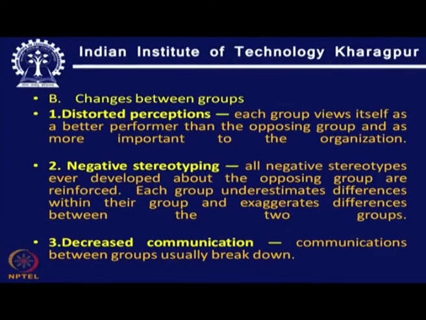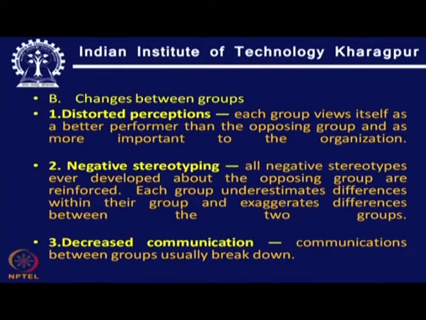Changes between the groups, this is another important thing. The first change is a distorted perception, where each group views itself as a better performer than the opposing group, and as more important to the organization.